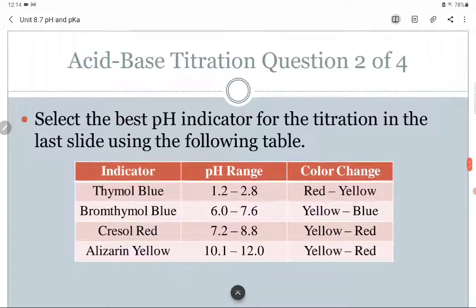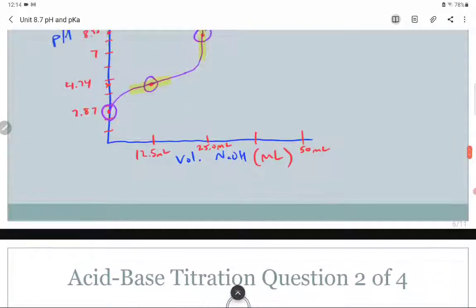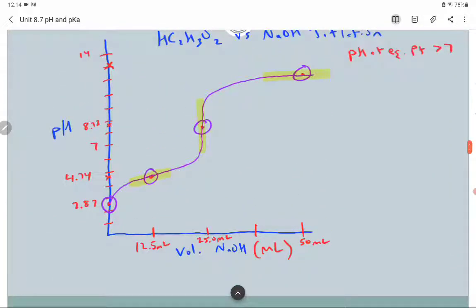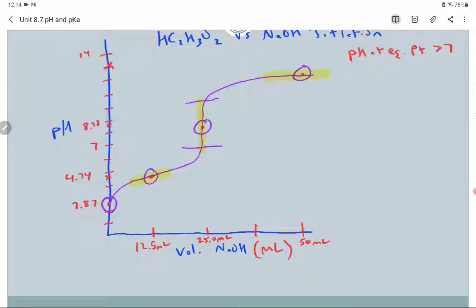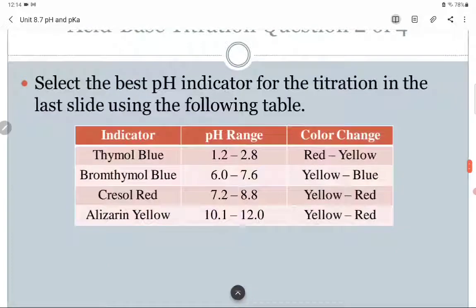What would be our best indicator for this? We would love an indicator somewhere in this range. Do you see that the volume of sodium hydroxide changes very little anywhere in that vertical column? Our best bet would be 8.72, but we'll do the best we can. And what falls into that range?